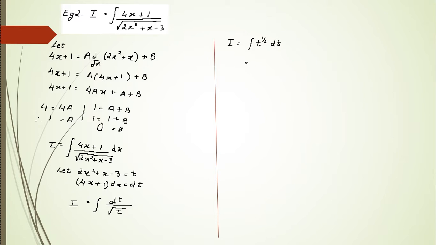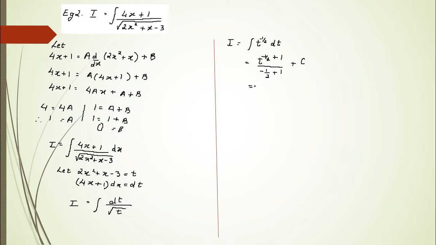So this is equal to t to power of minus half plus 1 by minus half plus 1 plus constant c.